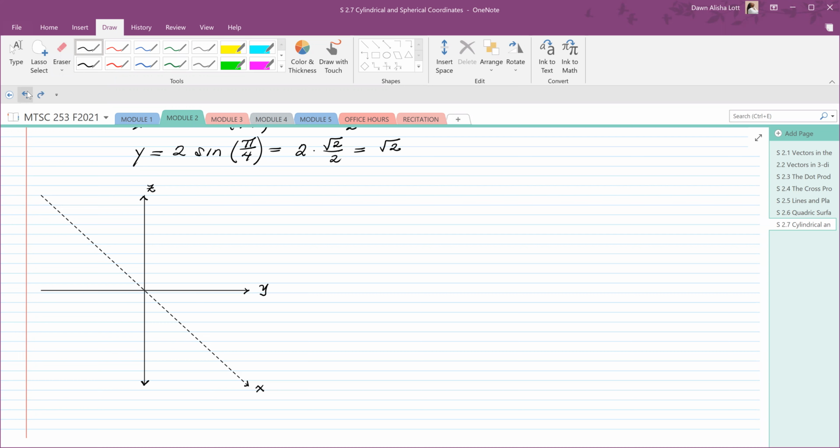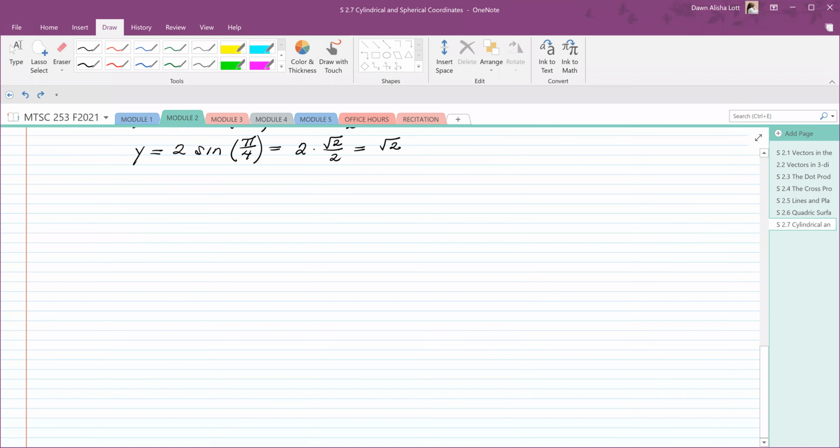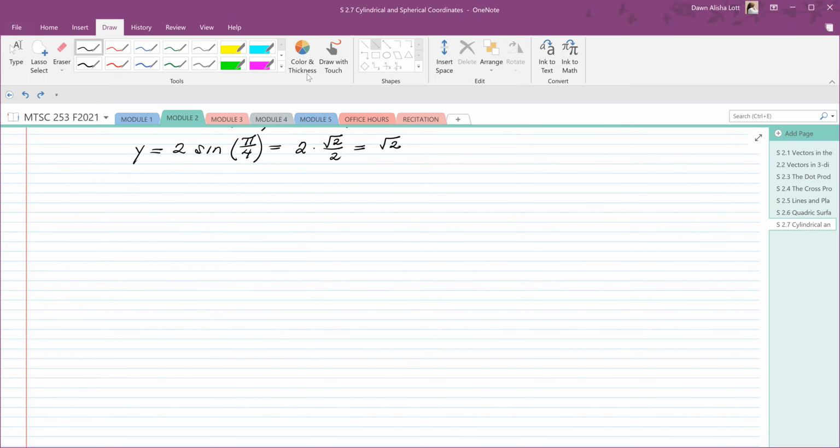I cannot use this grid. I have to draw my own. Okay. This is x.